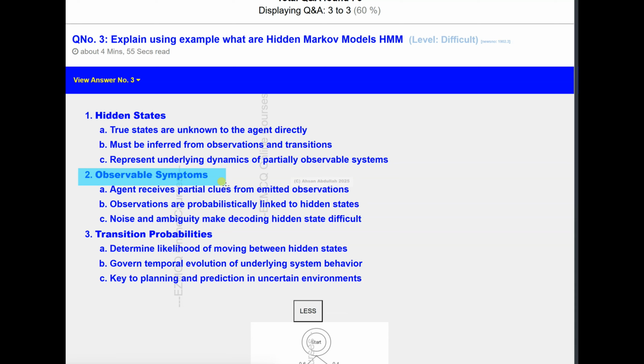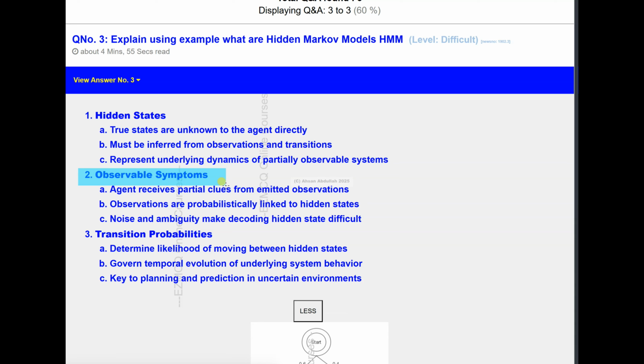Then there are the observable symptoms. These symptoms are the emissions or signals that the agent receives at each time step. They offer not direct but indirect probabilistic evidence about the current hidden state.